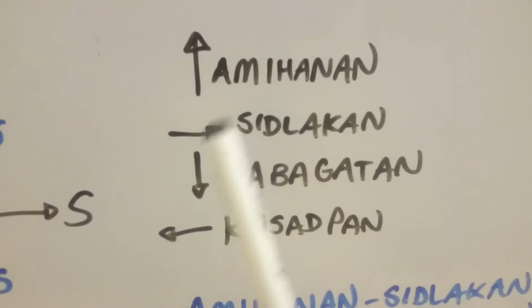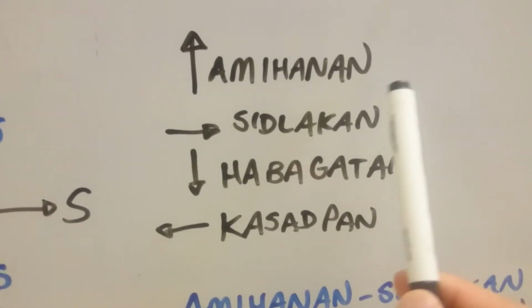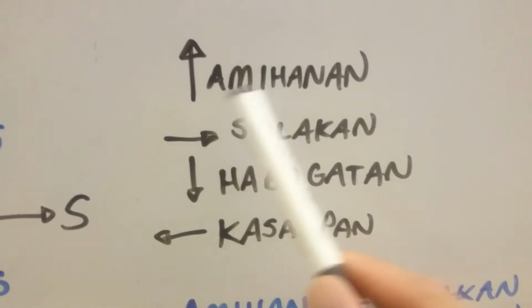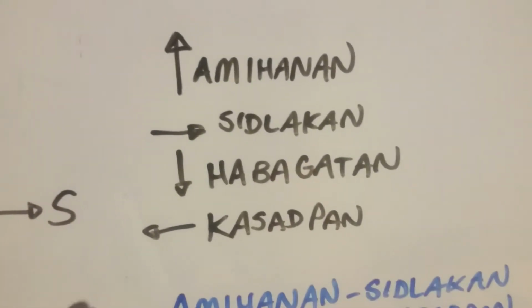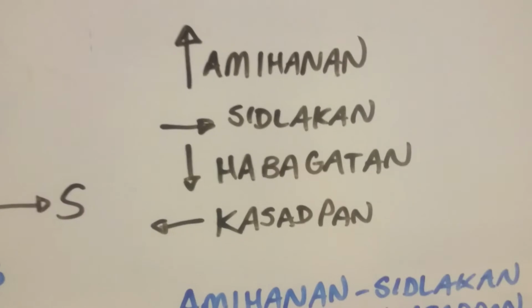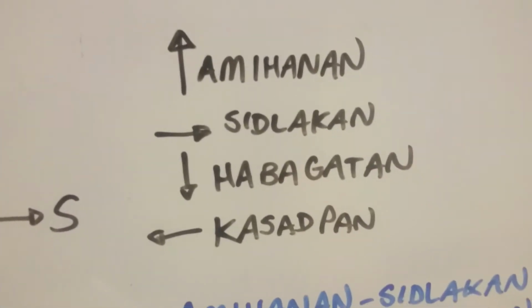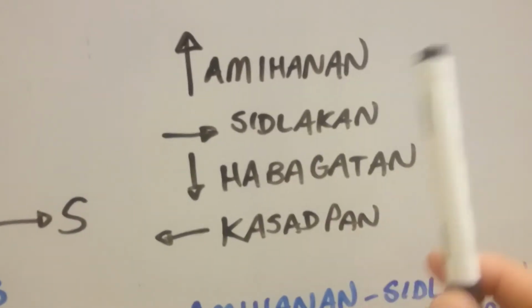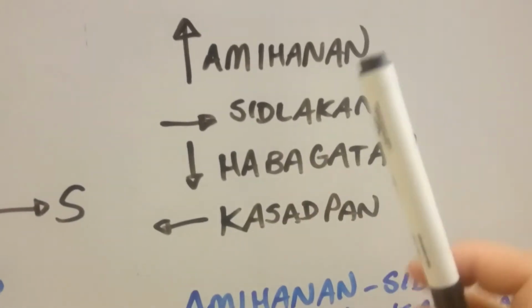Amihan. But we get Amihanan if we put that ending, we get something called north, or north area. Sa may Amihanan banda, somewhere in the north area.